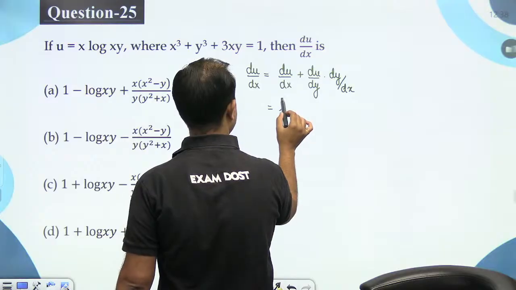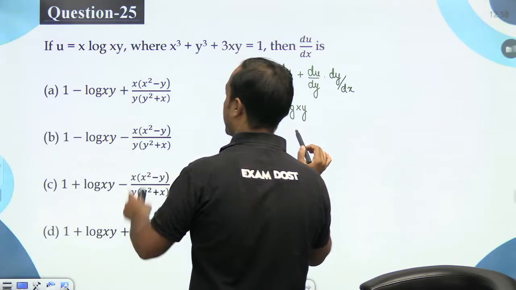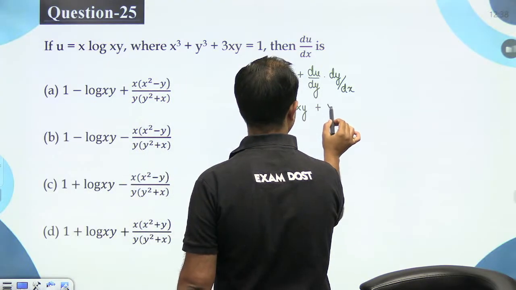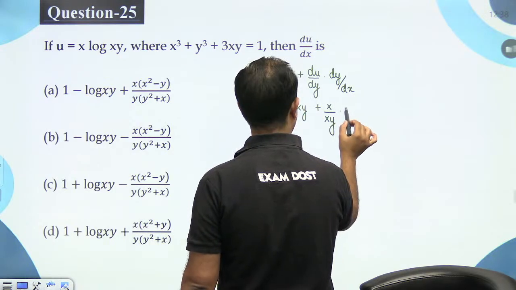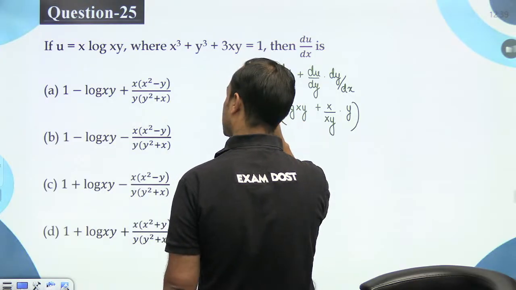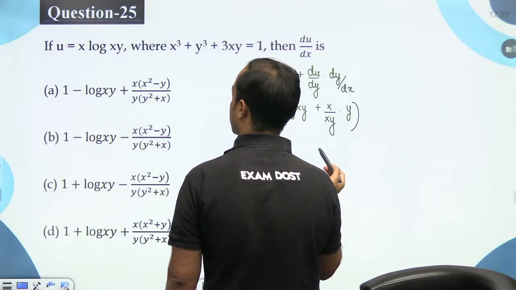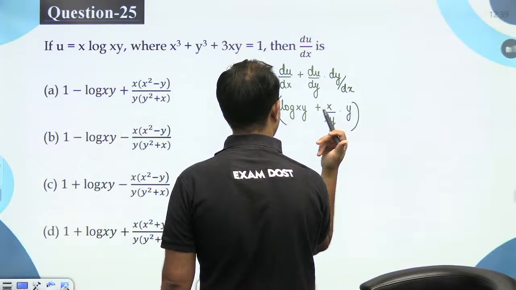Du by dx is log xy, 1 by xy, derivative of xy with respect to x is y. Derivative of xy log x plus log y. log x कितना आएगा? 1 by x तो 1 आ गया. log y x log y.